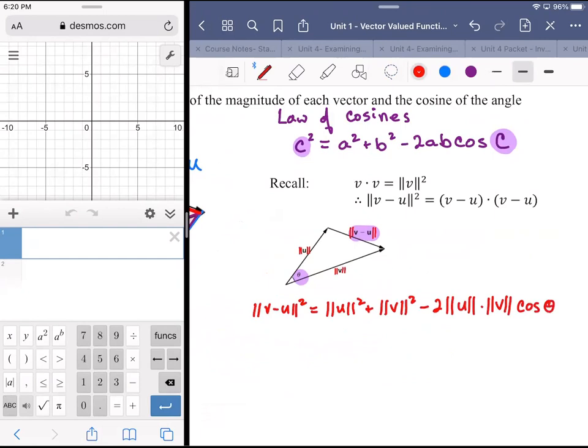Of course, I painted myself into a corner here. We don't know what theta is, but we do have at least measures for the lengths of the sides. Now, we're not going to be able to simplify anything until we do something about the left-hand side.